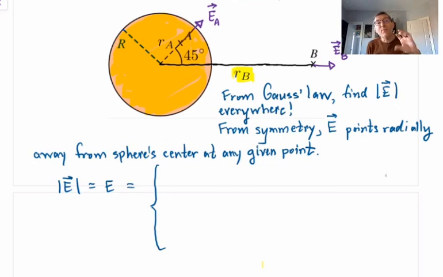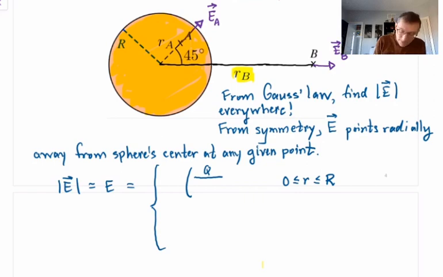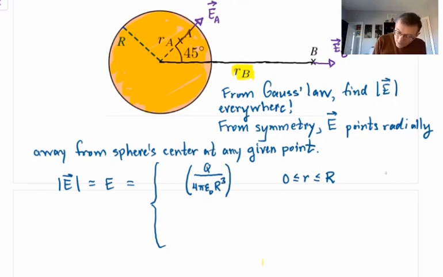If you are at any point inside the sphere, that corresponds to the distance little r being between 0 and big R. The result from Gauss's law for the magnitude of the field is the total charge of that sphere, big Q, over 4 pi epsilon 0, its actual radius, big R, cubed, times, upstairs, little r.